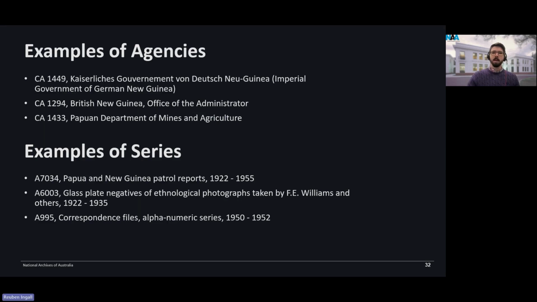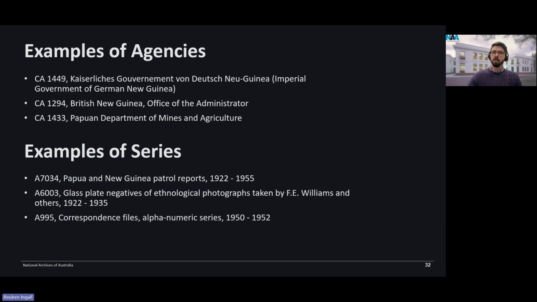Agencies can be central or state or local offices of Commonwealth government departments, statutory authorities, courts, tribunals, and each of them has a Commonwealth agency number or CA number. There's a few examples relevant on the screen there. Alongside agencies are Commonwealth persons, such as Prime Ministers, Governors General, senior public servants, who have a CP number.